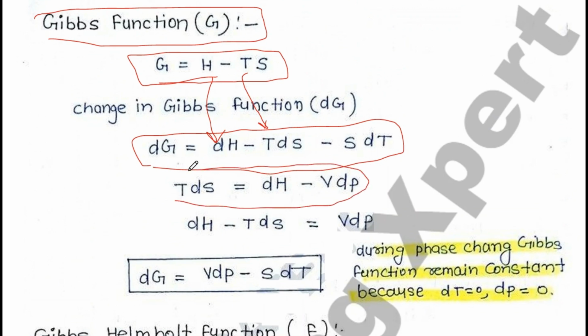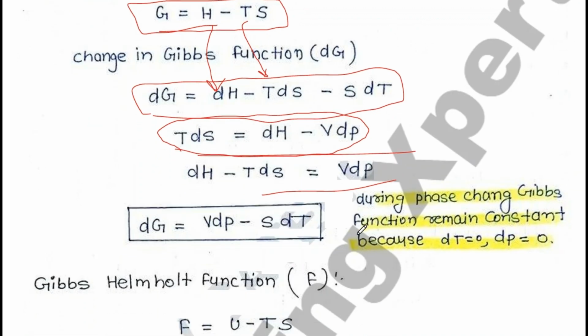I have told you this earlier in this lecture, and in my previous lecture on entropy also. So T dS equals dH minus V dP, and we substitute it in the above equation and we get this equation. During phase change, temperature and pressure are both constant, so dG will be equal to 0.